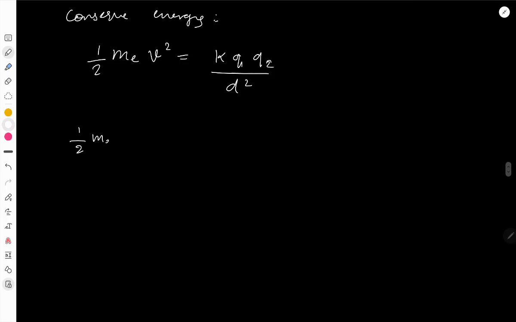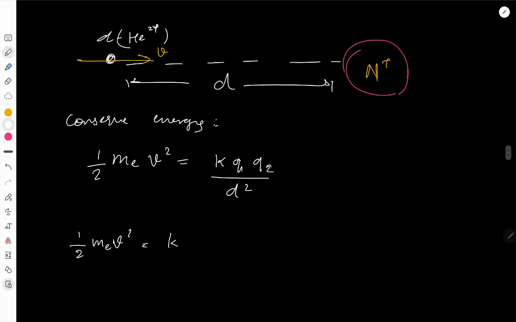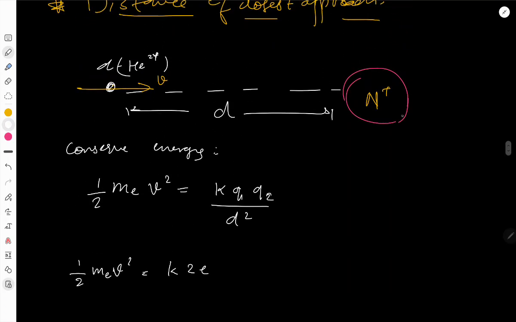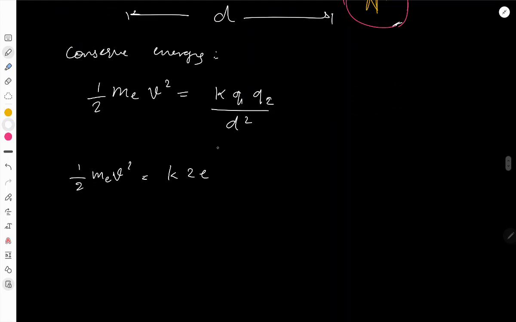Now writing further, half m v square equals k, charge on alpha particle would be 2e, and on the gold nucleus it would be Ze, upon d.